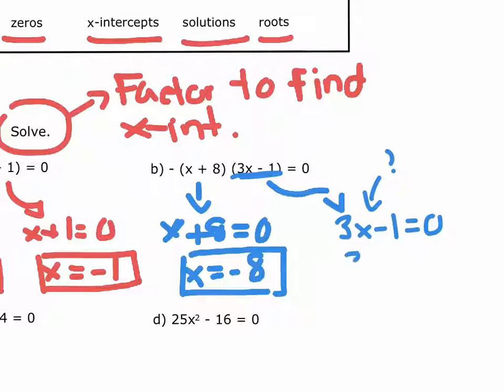So we move negative 1 to the other side, it becomes positive 1, and then we divide out the 3. We end up getting x equals 1/3, our final answer.